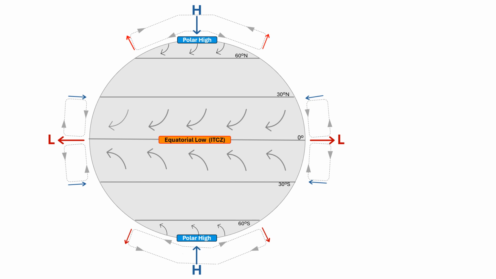This is going to create a circulation cell. We call this the Hadley cells. We have a Hadley cell from 0 degrees to 30 degrees north and a Hadley cell from 0 degrees to 30 degrees south. Now, some of that air that comes down to the surface at 30 degrees north and south is also going to be forced upwards towards the poles.